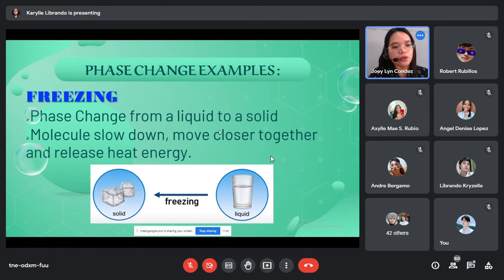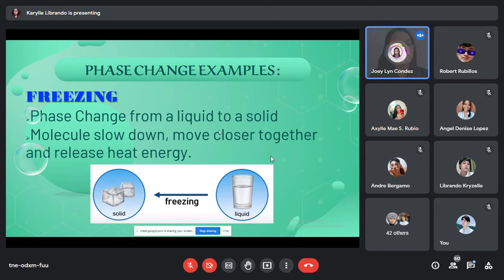So if a gas is exposed to a cooler area, it changes into liquid. What about a liquid? It is exposed to a cooler area, like we remove heat energy, like we put it in the freezer. So what will happen to the water or the liquid substance? It will freeze. So liquid to solid, that's freezing.